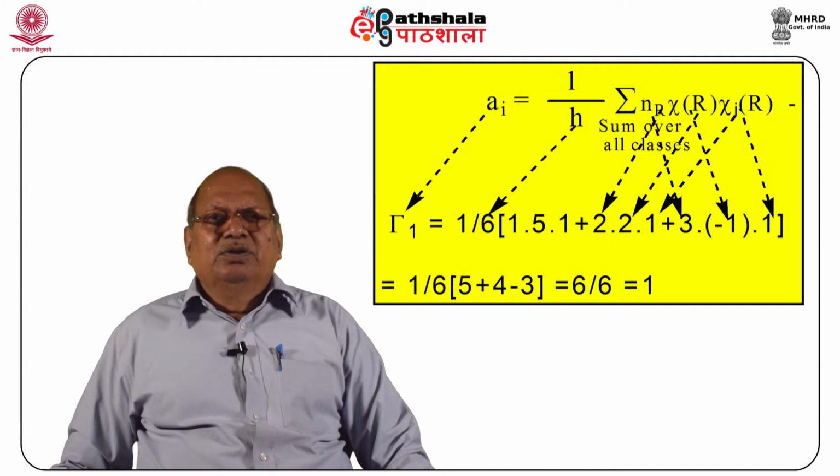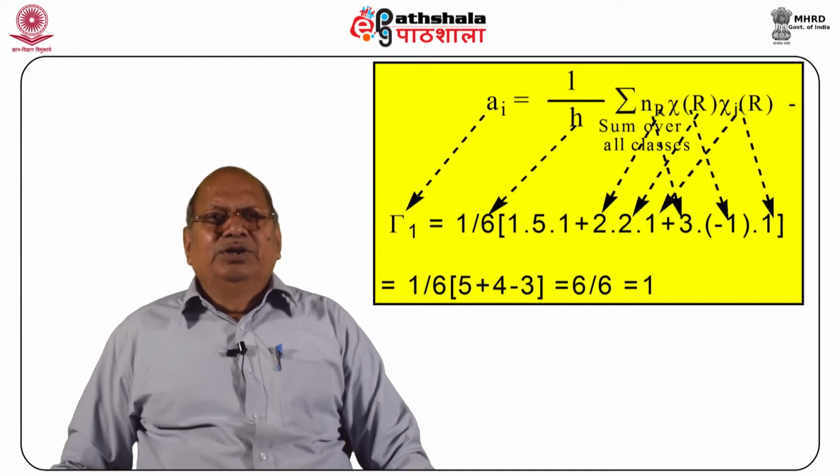NR gives the number of operations in the class. It is here 1, then chi R is the character of the reducible representation for the particular operation. Here in the first it is 5. So, like this: 1 into 5 into 1 plus 2 into 2 into 1 plus 3 into minus 1 into 1.